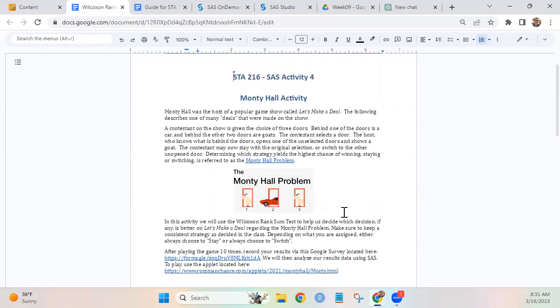We don't know what's behind any of them, but we always get shown one door, not the one we selected, as having a goat, the loser, essentially one of the 2 losers, and then we have the option to stay or switch. As a reminder, this classic question of what's the chance of winning if you stay or switch is known as the Monty Hall problem.